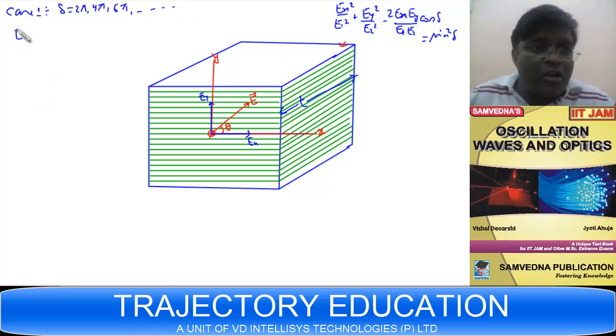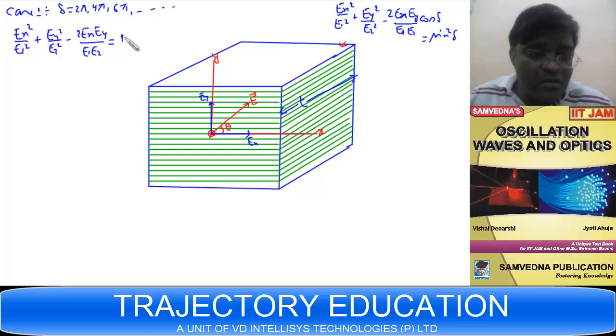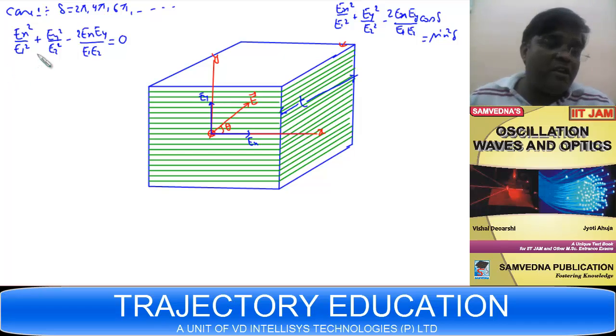When it is so, the resultant wave will have Ex and Ey satisfying this equation, where sine square delta is 0. So it is Ex square upon E1 square plus Ey square upon E2 square minus 2Ex Ey upon E1 E2 equals 0.